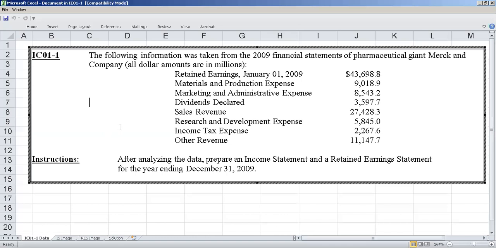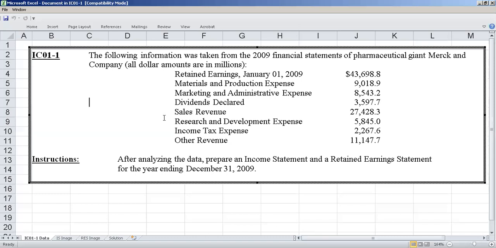And in chapter 1, it's pretty straightforward. Revenues, the account name typically has the word revenue in it. Expenses, the account name usually has the word expense in it. So at least in chapter 1, it's pretty straightforward.